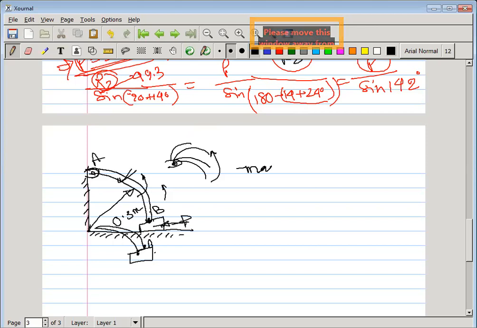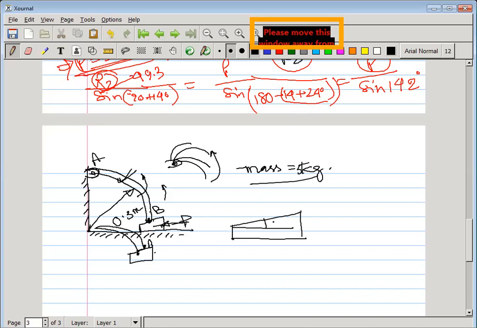Okay. Now what is given in the question is that this rod has some weight. If we consider the mass, let's take the mass as 5 kg. Now this is your wedge, right?